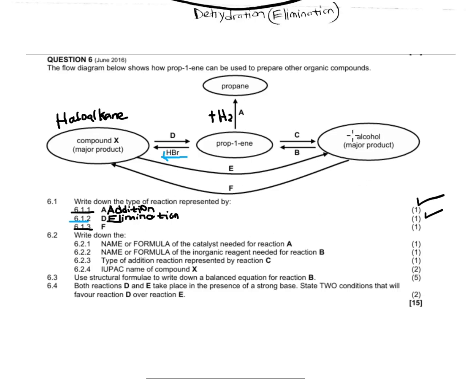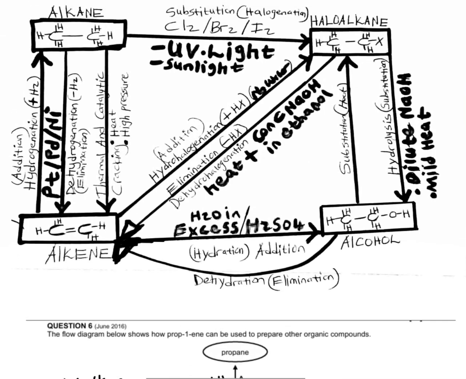Now let's go to reaction F. Reaction F, we are going from an alcohol to a haloalkane. Can you see that writing this was very necessary? So it means you are moving from an alcohol going to a haloalkane. I know that's going to be hydrolysis. So it's hydrolysis reaction, or you can say substitution reaction.